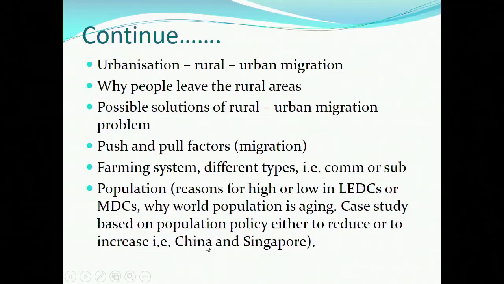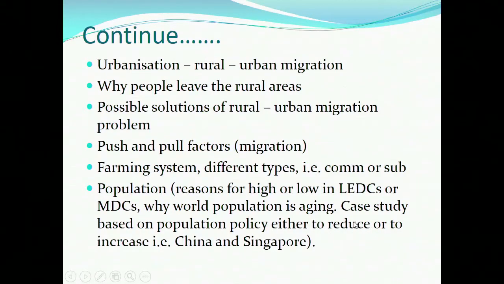For example, China has a one-child policy that emphasizes lowering the population growth, whereby couples are encouraged to have at least one child. That's why it's called the one-child policy. Therefore, it is a population policy that is aimed at reducing the population.